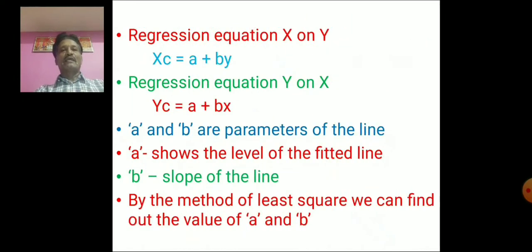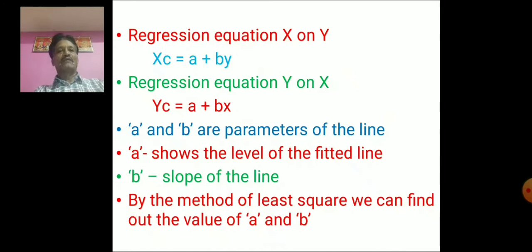The regression equation x on y is written as Xc = a + by, where Xc means the calculated value of x. A and b are called the constants or the parameters. If the value of y is given, we can estimate the value of x after finding the values of a and b.